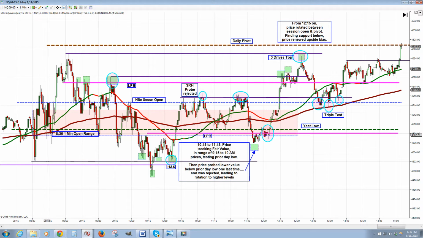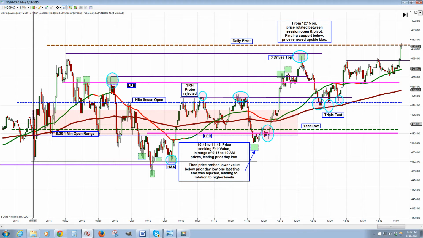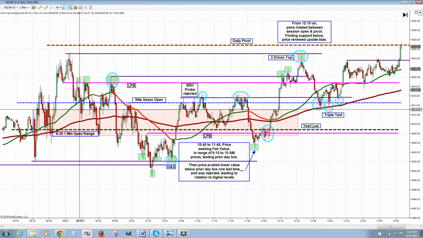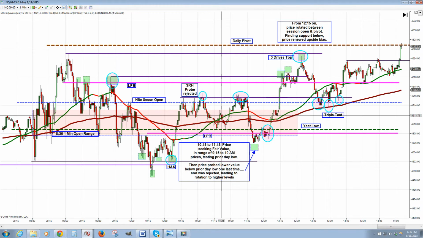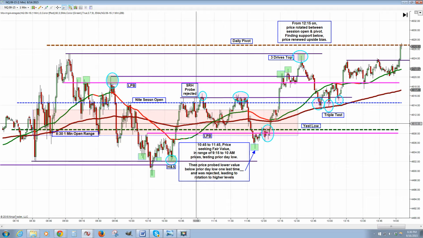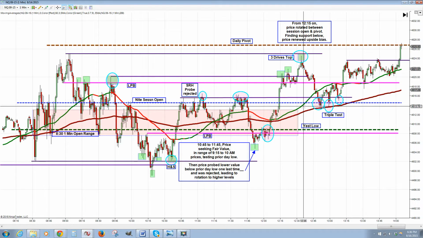Right at that 8:30, in that first minute of trading, I put a little box here that shows this is where the market went in that first 1 minute, and this is the range during that 60-second period. And you'll find day after day the market jockeys around this initial trading volume, and it's very important in settling for the buyers, sellers, the participants that day.